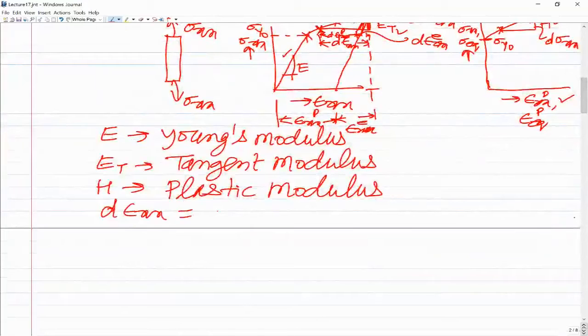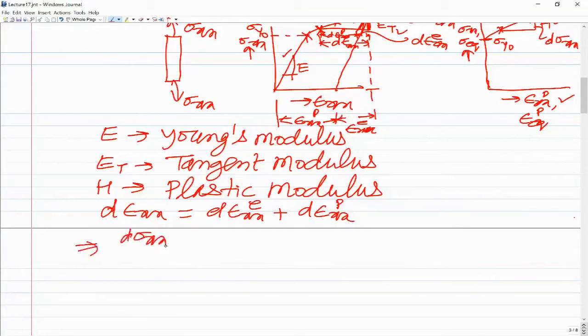So total strain increment d epsilon xx is d epsilon xx e, the elastic part, plus d epsilon xx p. And d epsilon xx can be written as d sigma xx divided by E t in this graph.